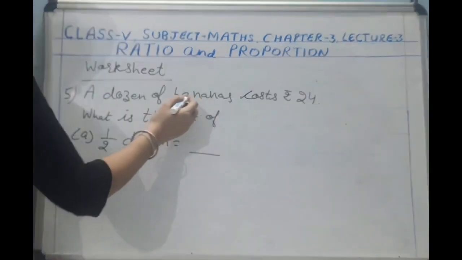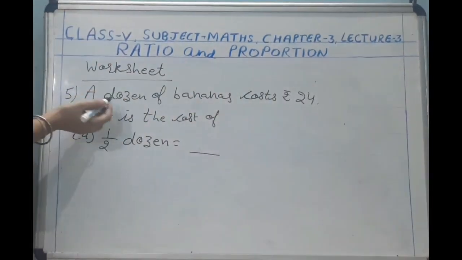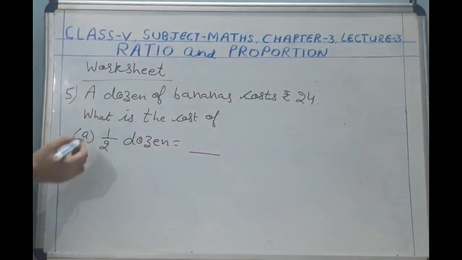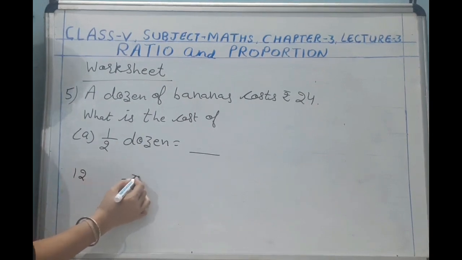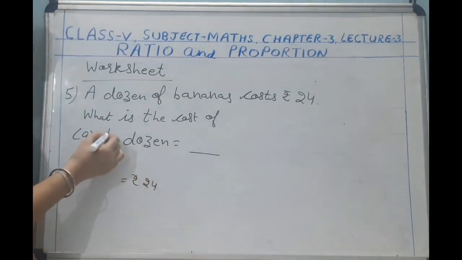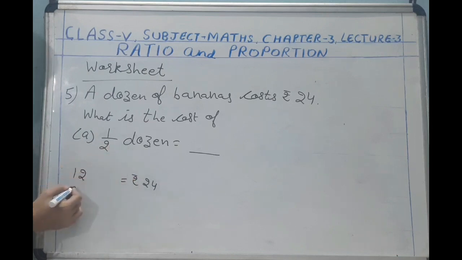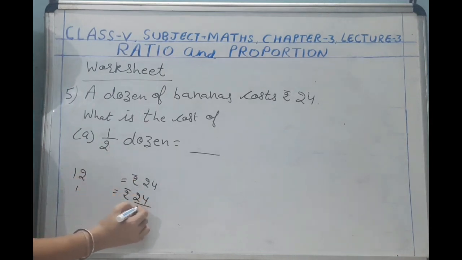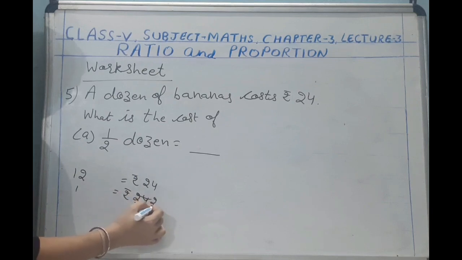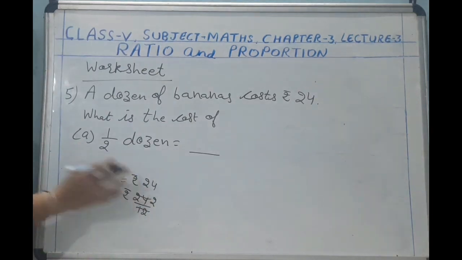One dozen of bananas cost rupees 24. 1 dozen, you know, 12 bananas. So 12 bananas की cost आपको given है rupees 24. Then half dozen means 6. 1 banana की cost कितनी हो जाएगी? rupees 24 divide by 12. 12 2s are 24. एक बनाना की cost हो गई 2 rupees.